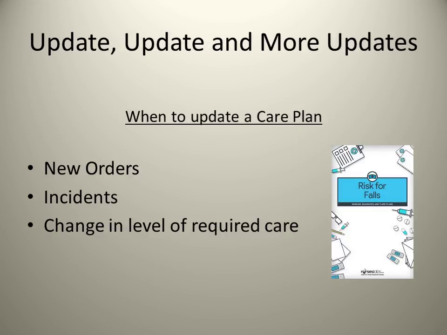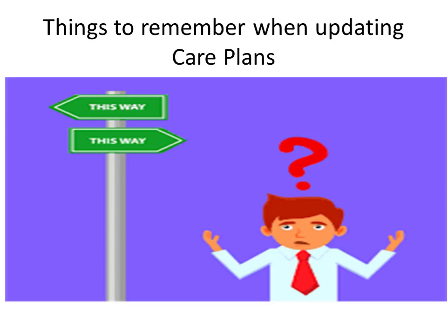Our challenges begin with the new admission care plan, but they don't end there because we have new orders on a regular basis. Incidents occur occasionally, and the level of care for the resident will change, whether it is an improvement or a decline. And all these things matter when it comes to the care plan. So I know that time is limited, especially when you're providing patient care.